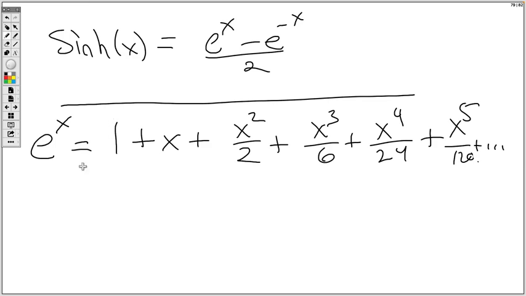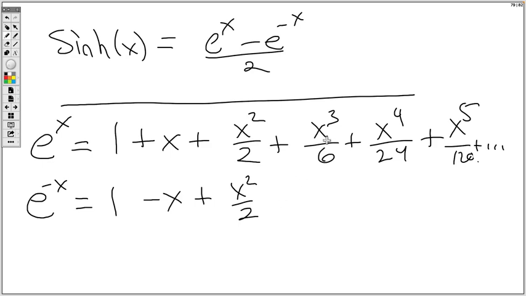Okay, think back to yesterday. How do I get a series for e to the minus x then? What was the theorem? All I got to do is everywhere I see an x, I got to plug in what? So I'd have 1 minus x plus, now if you plug in minus x there, what's going to happen? It's going to get squared away, become positive.